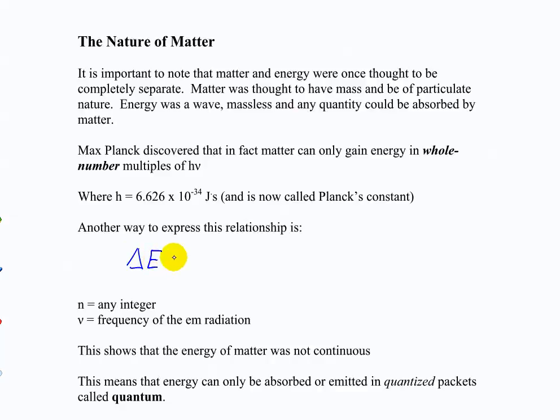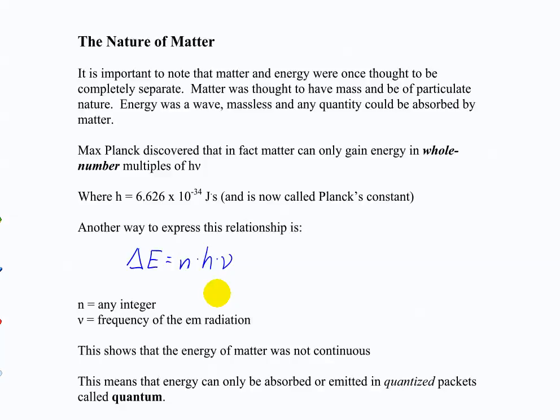The change in energy of anything must be n, some integer, times h, which was this constant that he found, Planck's constant, times nu, the frequency of that energy. That doesn't seem totally crazy, but it did at the time.